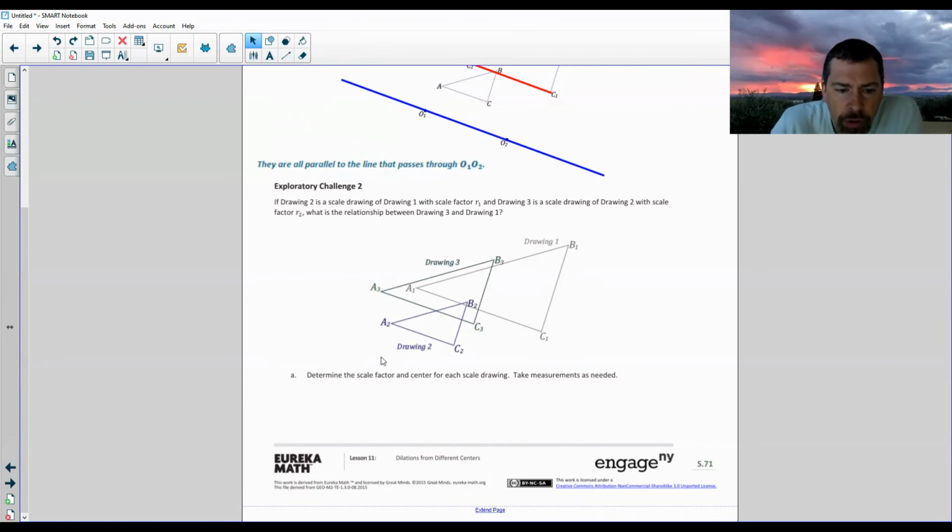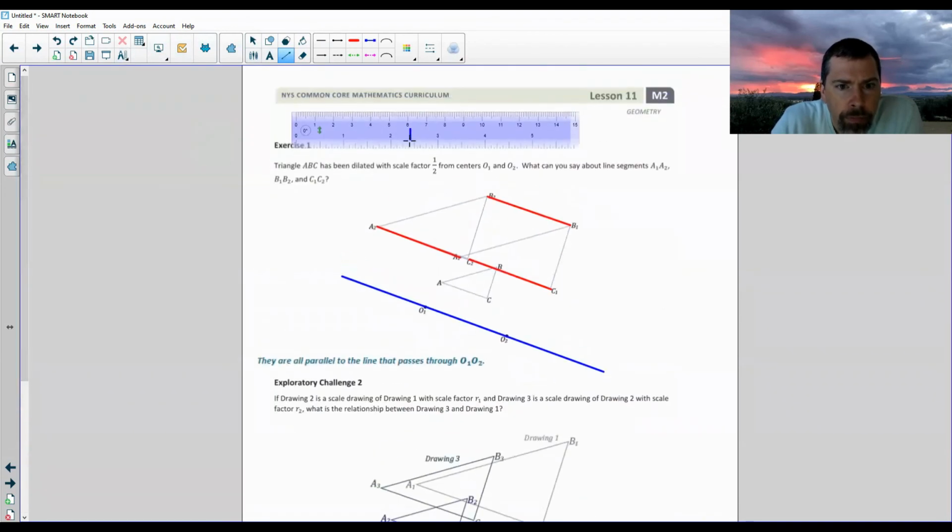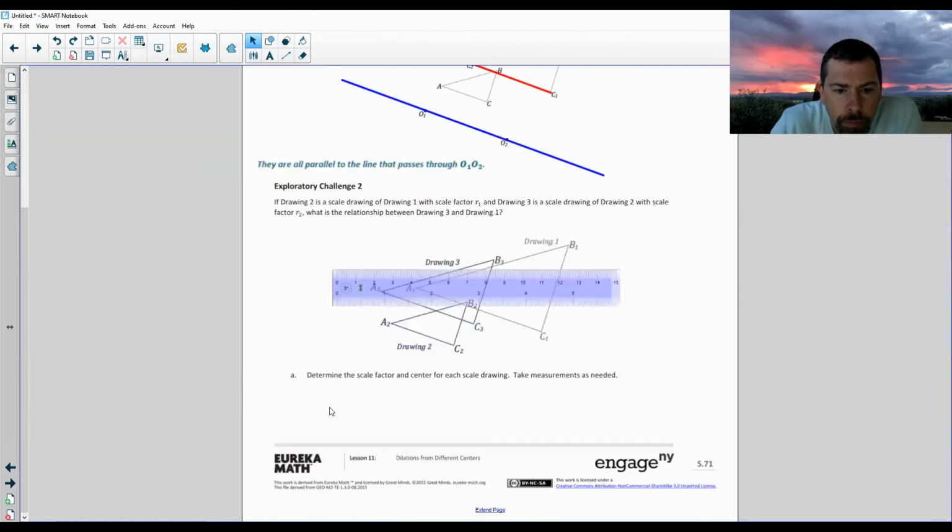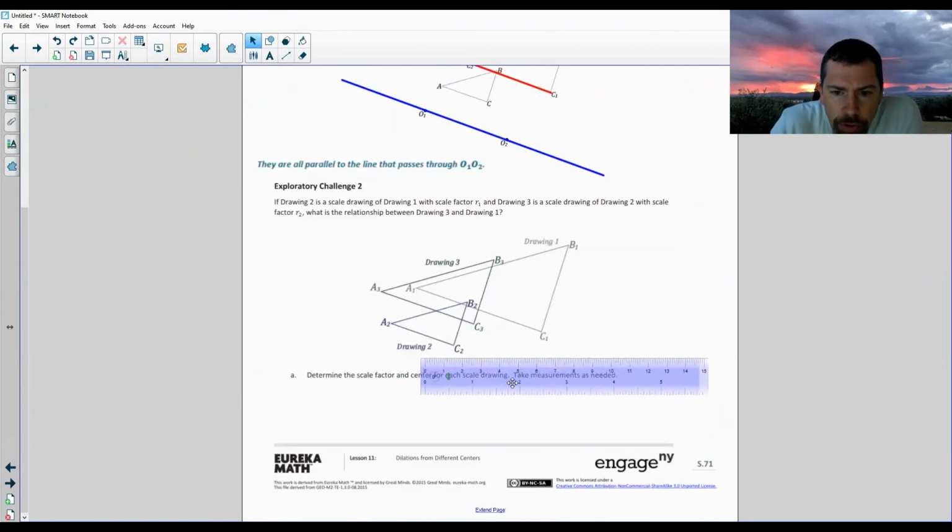Okay, so A says to determine the scale factor and center for each scale drawing, take measurements as needed. So if I take a ruler, okay, now let's do our initial.